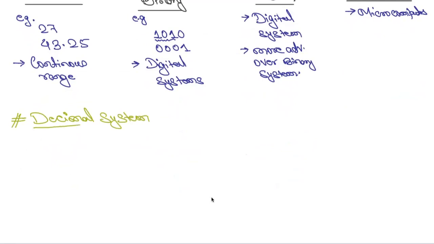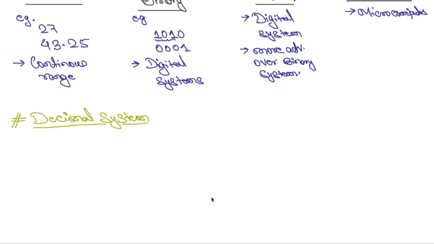Understand it, because the decimal system you are using from your school days, right? Throughout our life, we have used only the decimal system, right? So understand the concept in the decimal system, and the same thing will be applied in the binary system. So understand it very carefully.